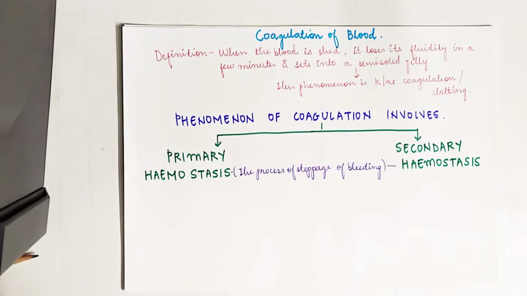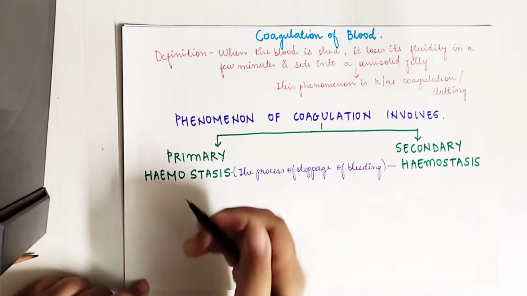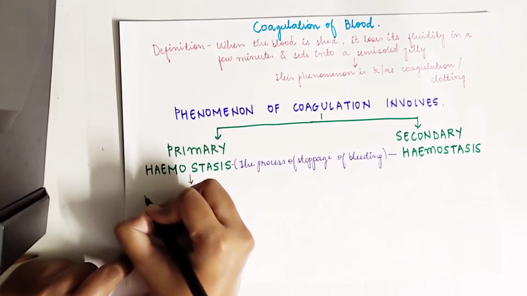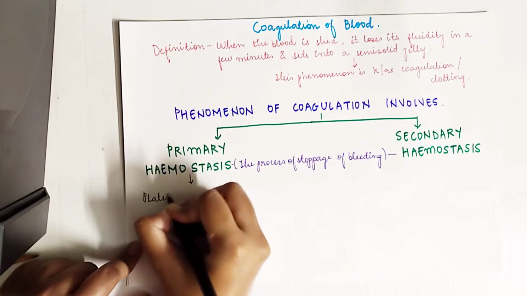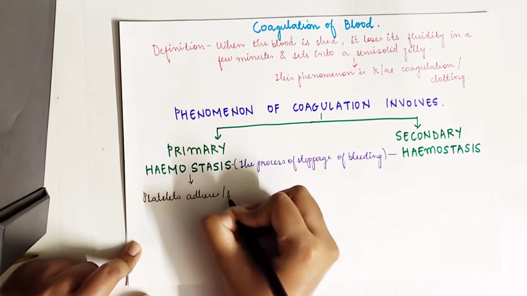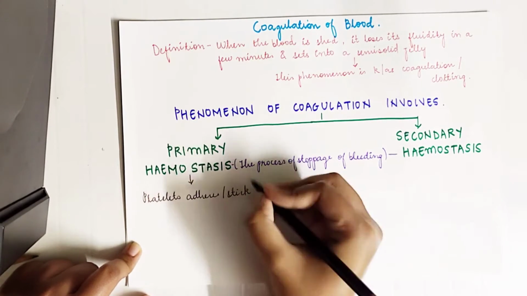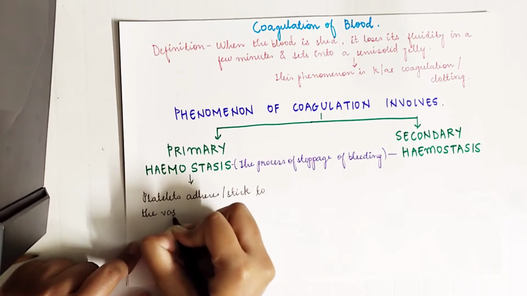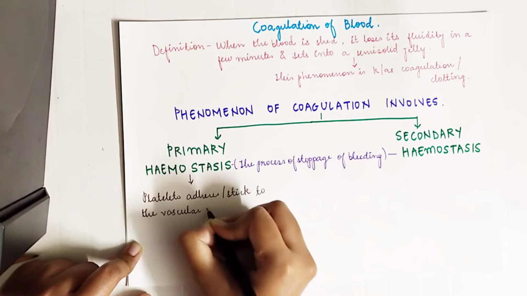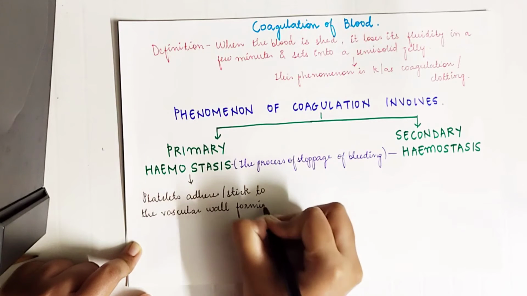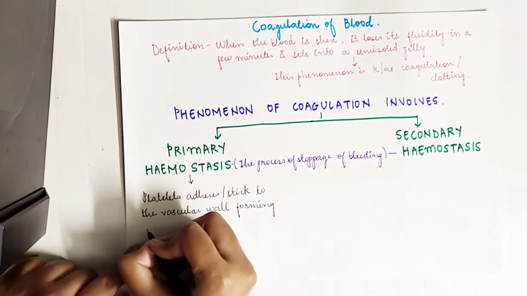Now, in primary hemostasis, what will happen? Here the platelets adhere or stick to the vascular wall, forming a platelet plug.